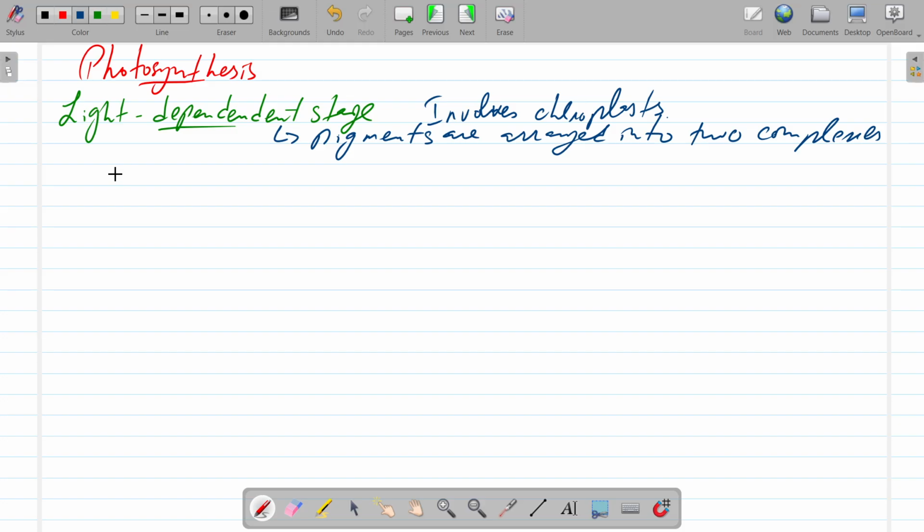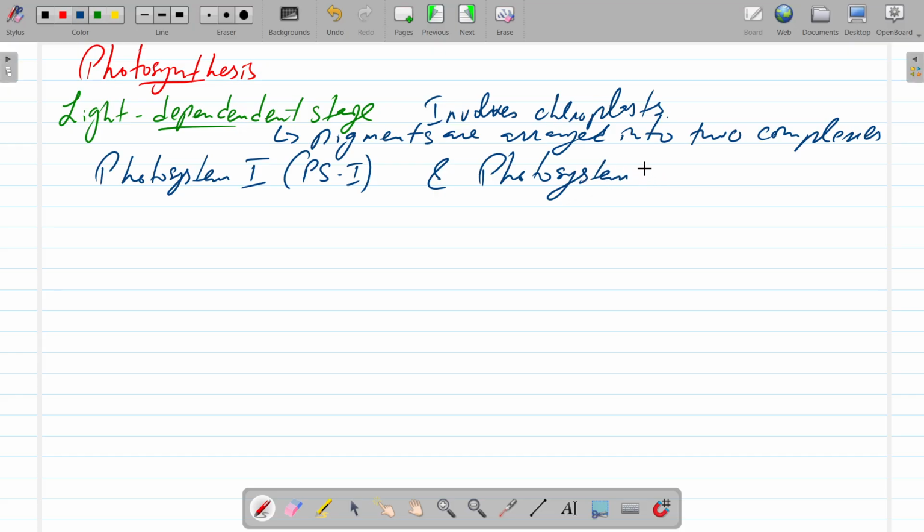These are called photosystem 1, or PS1, and photosystem 2. Note that the 1 and 2 are written with Roman numerals.